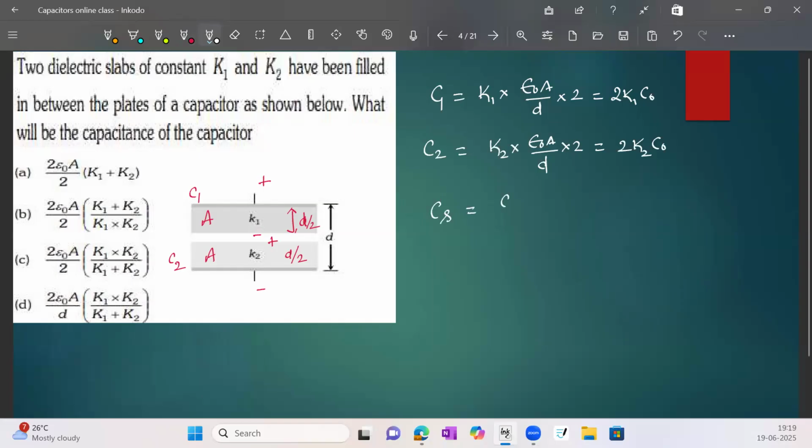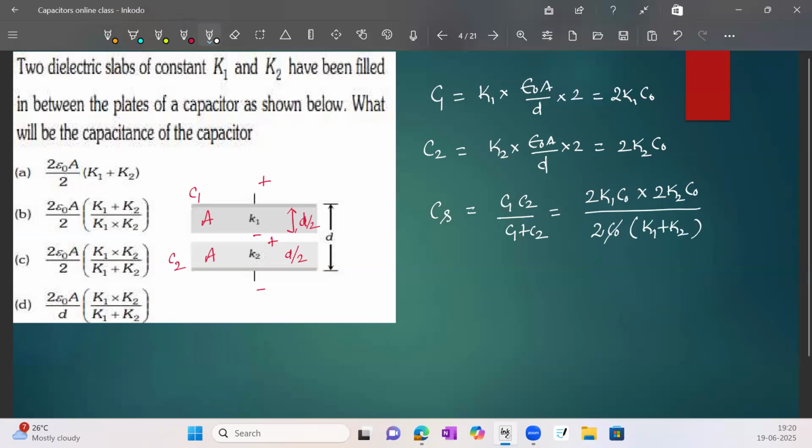CS equals C1 C2 by C1 plus C2. Then it becomes 2 K1 C0 into 2 K2 C0 by C1 plus C2, where 2 C0 is common, so the denominator becomes 2 C0 times K1 plus K2.